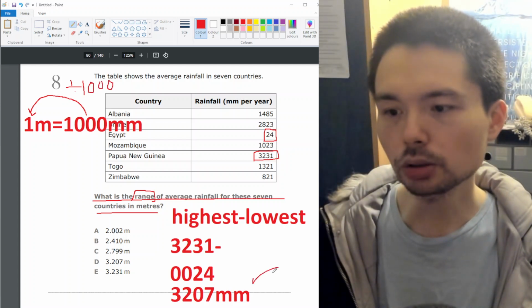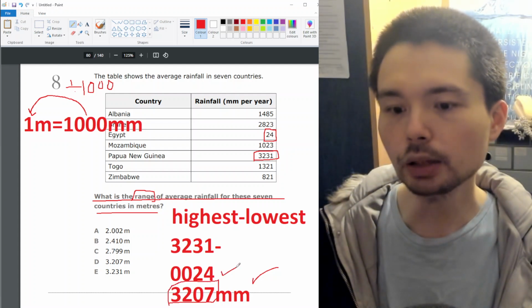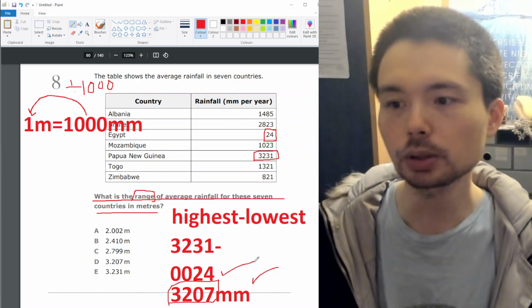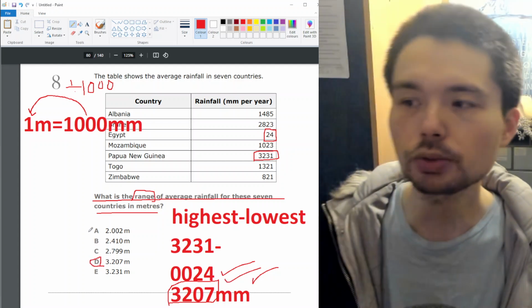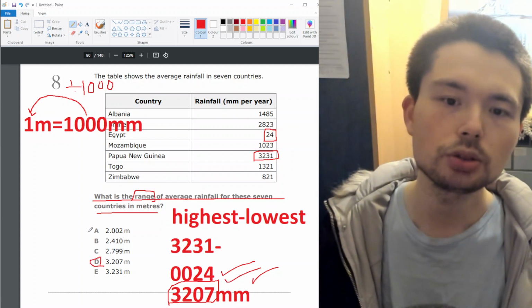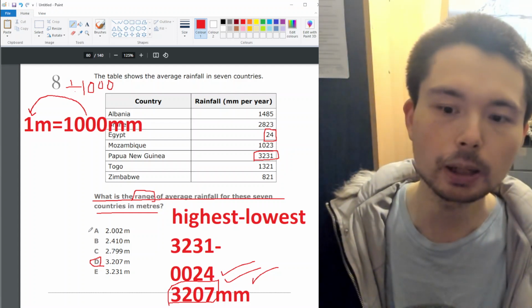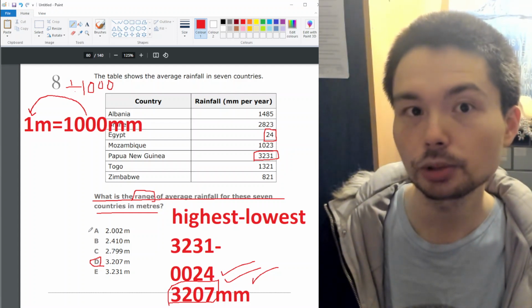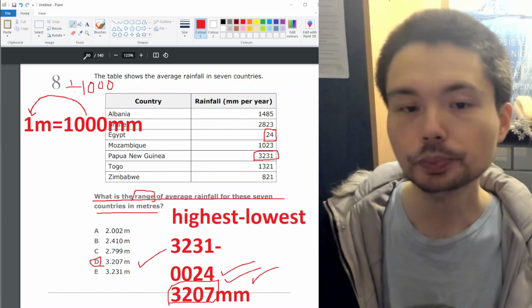The cool thing is, just look at the digits. This is test strategy. 3207, are they being very nice with the final step? Absolutely. It's the only one with these digits. So even if you were a little bit confused, you might have been thinking divide by 10, 100 or 1,000, I can't remember. The good thing is, with this type of question, you don't have to remember. D is the answer.